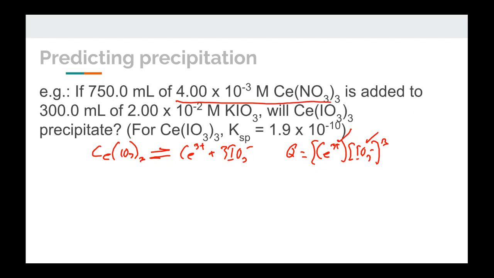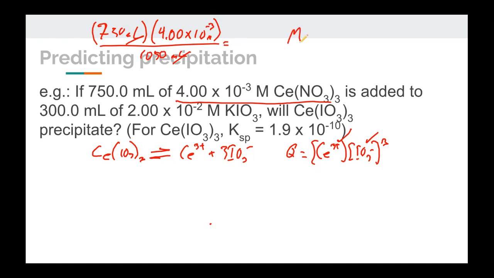And so that means the amount of cerium nitrate in our mixture would be given by 750 milliliters times the concentration, 4 times 10 to the negative third moles per liter, divided by the total volume. We're mixing 750 and 300, so that gives us 1,050 milliliters total. And so this gives us our concentration of Ce3+ in moles per liter.